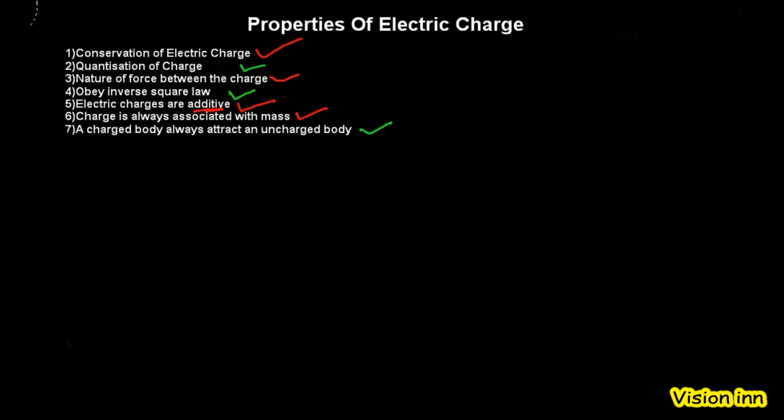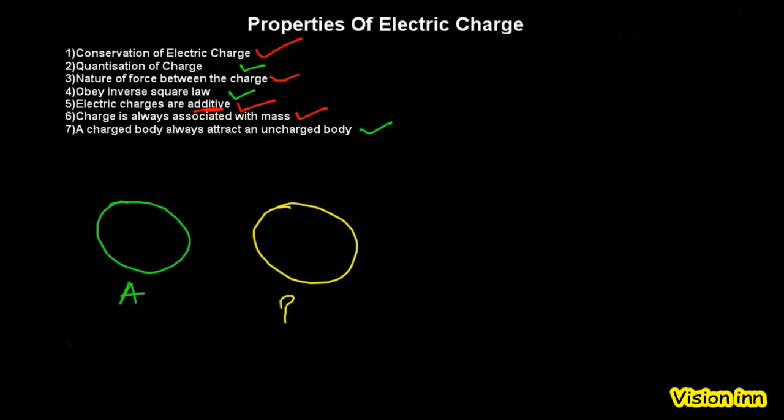Now let us consider I have two bodies, body A and this is body B. B is uncharged, it is neutral, it does not carry any charge, whereas A has a positive charge on its surface. Now suppose I bring these two bodies close to each other, what will happen?